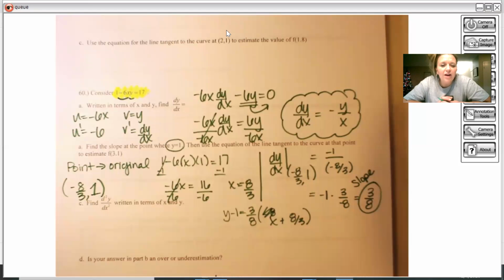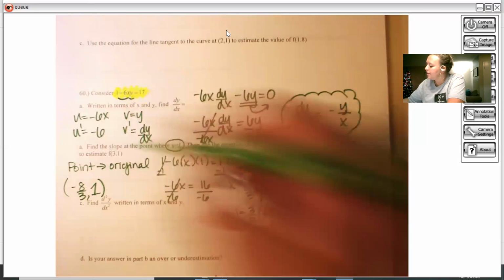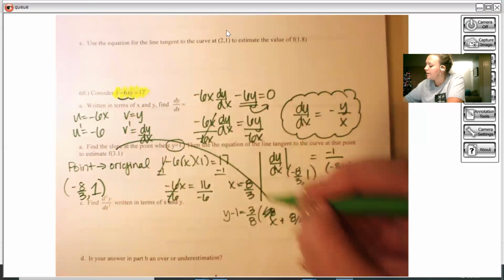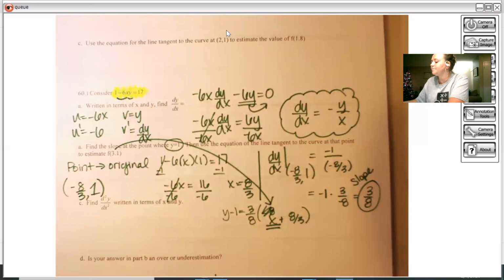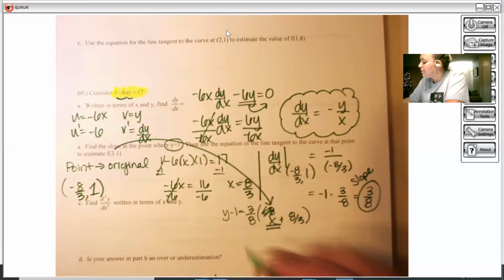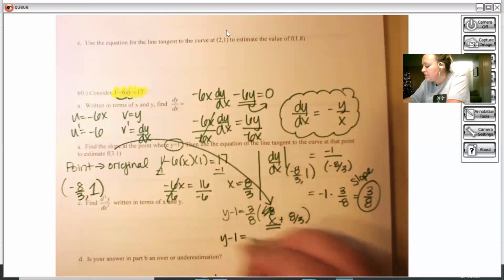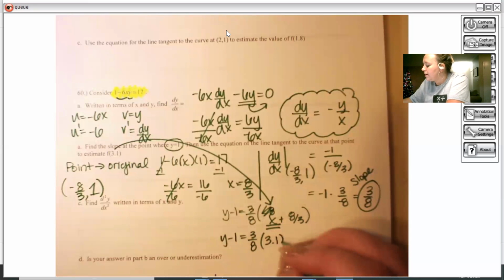From there, we are trying to estimate the value at 3.1. So I'm going to take that value, 3.1, and I'm going to plug it in here. So remember what I told you. If it's an easy decimal, go ahead and switch it over. But if it's a fraction like 3/8, to me, I would probably just leave that alone. So I would have y minus 1 equals 3/8 times 3.1 plus 8/3.